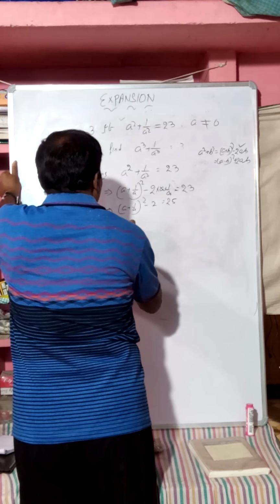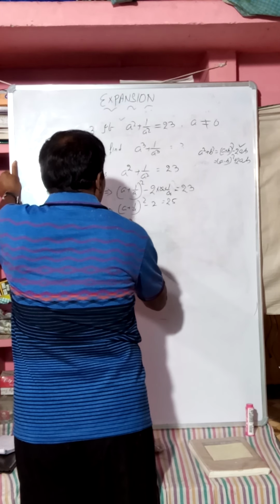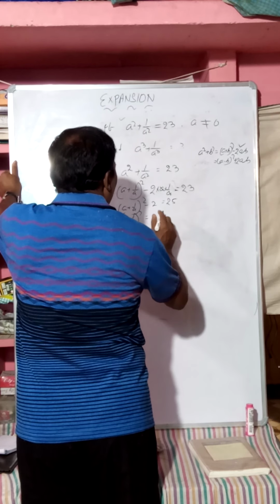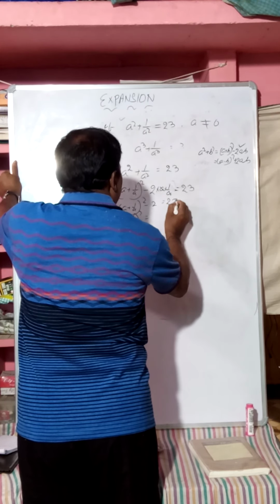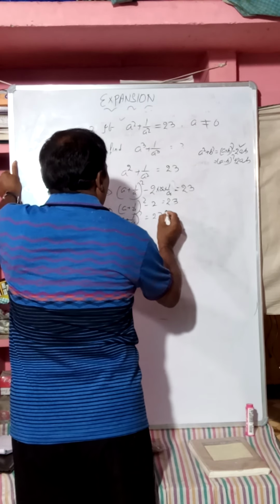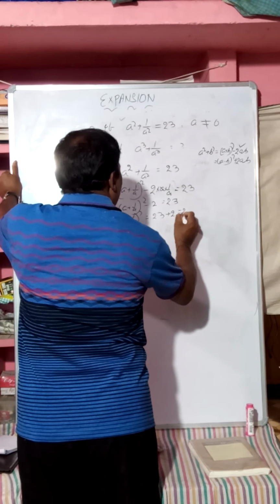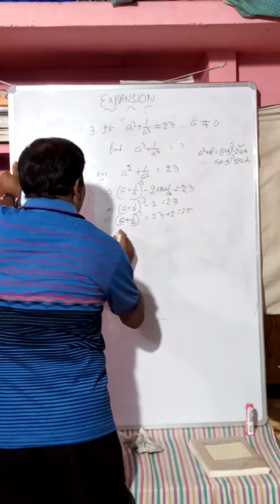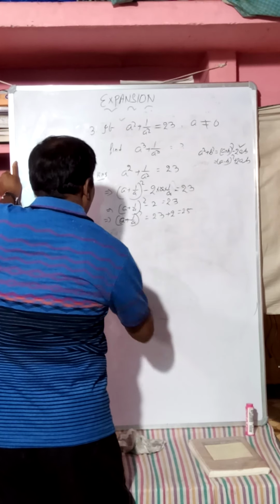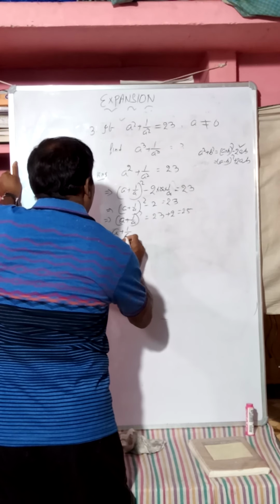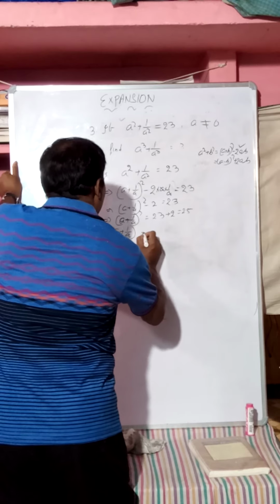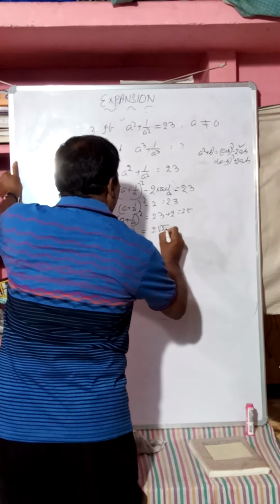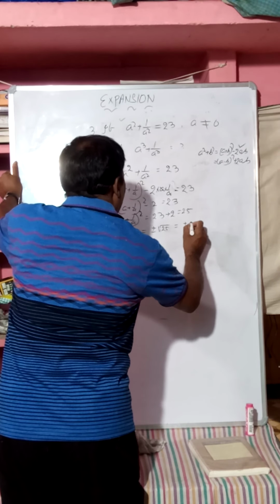This implies a plus 1 by a whole square is equal to 23, and 23 plus 2 goes to the right side, that is equal to 25. So a plus 1 upon a is equal to plus minus square root of 25, that is equal to plus minus 5.